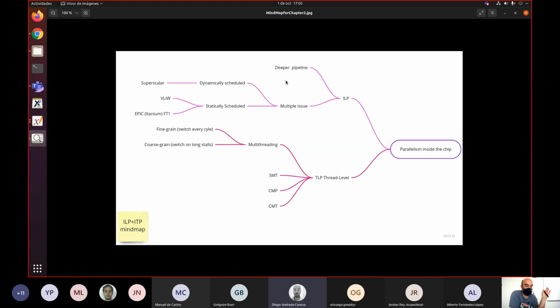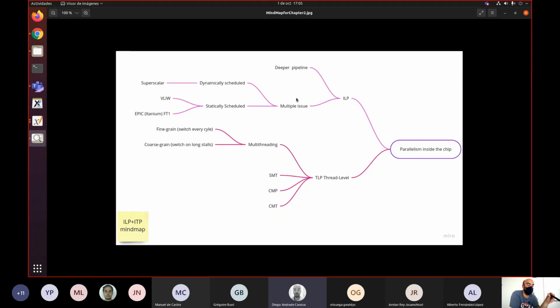The idea of multiple issue is that we can start the execution of several instructions at the same time, in the same cycle. In order to promote this, the packages of instructions that can be executed together can be composed statically by the compiler at compile time.